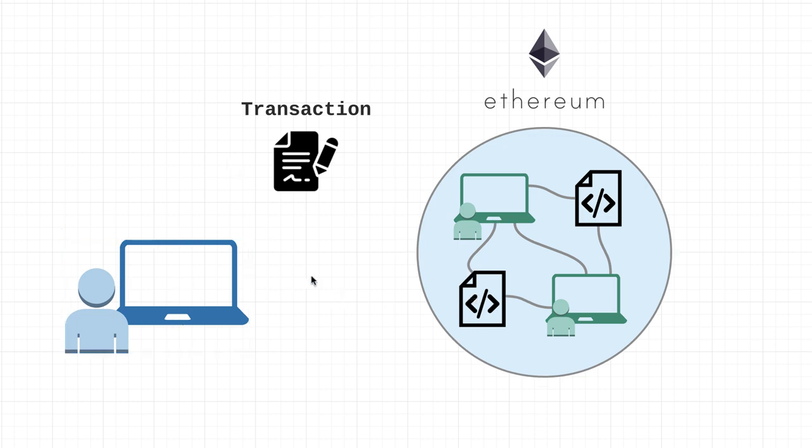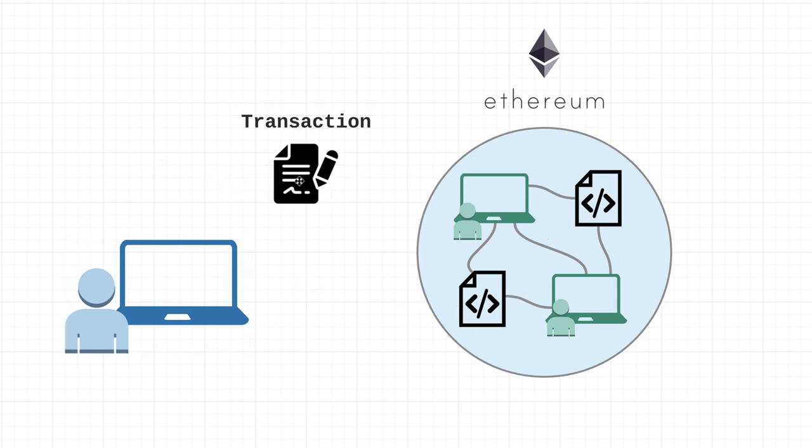Contracts, however, once they are initially kicked off by an EOA, can indeed call other contracts as part of their execution. So in the Ethereum network, contracts can call other contracts. They just can't initiate the process. The process has to be initiated by an account with a private key.